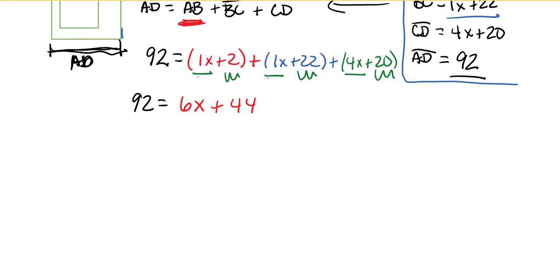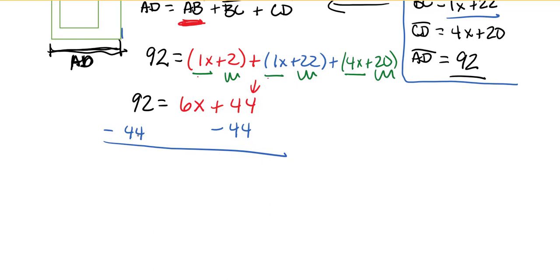So the first thing we can do is get rid of this number here on the right-hand side and put it on the left-hand side. So how do we get rid of it? Well, we want to make it 0. So in order to make it 0, we need to subtract 44 on both sides. And we do it to both sides because that keeps the equal sign equal.